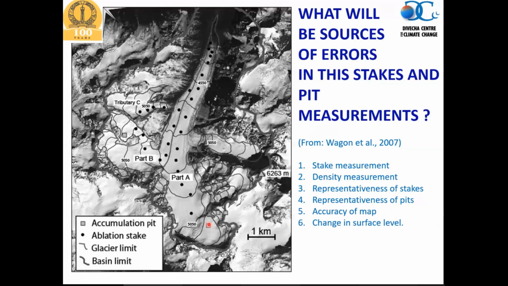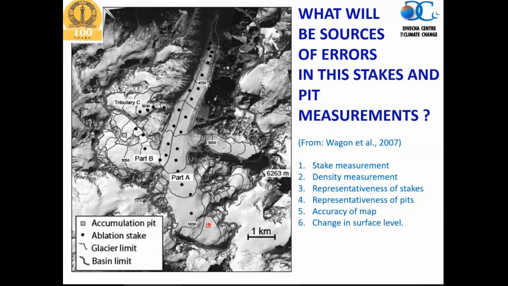Because of that, very few pits are taken, and they may or may not represent the entire geographical area, because we are also discussing avalanche accumulation. So the deposition of snow on the glacier may not be uniform, and the spatial variability of snowpack is not properly detected by a few pits, creating a problem.